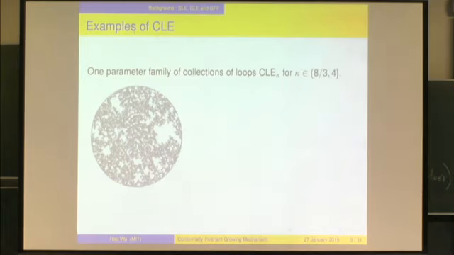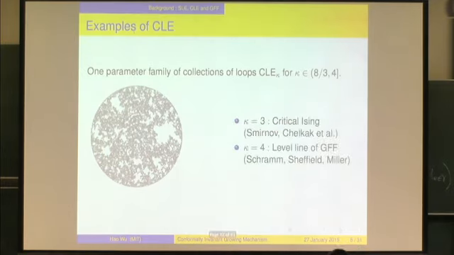And you can expect that in the CLE collection, each loop is an SLE kappa loop. We also show that CLE3 corresponds to the scaling limit of the collection of interfaces in critical Ising model, and CLE4 corresponds to the scaling limit of the collection of level lines of discrete Gaussian free field.